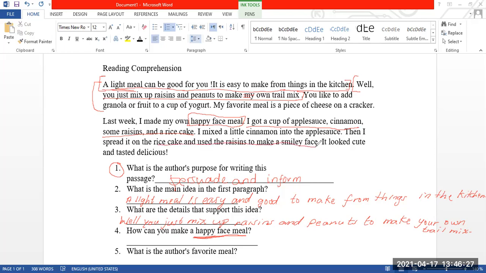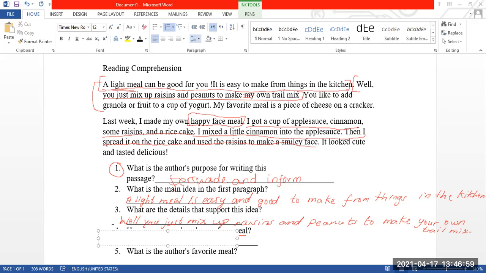It looked cute. If you get tired, you can just copy paste it and put it here. If you have a problem writing, I would advise you to come over here. Let's type it if we have enough space.